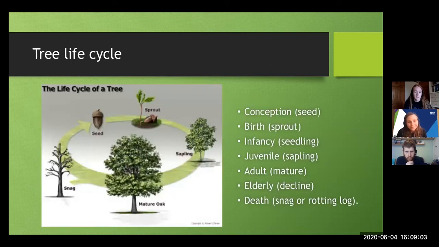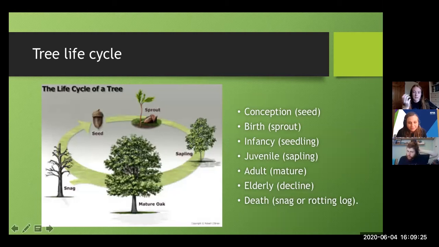Here's a nice life cycle. It's quite confusing because there's seedling and then there's sapling. So that's one that sometimes I'll get mixed up. So you've got conception, so that's when we get pollen in the female part of the tree.